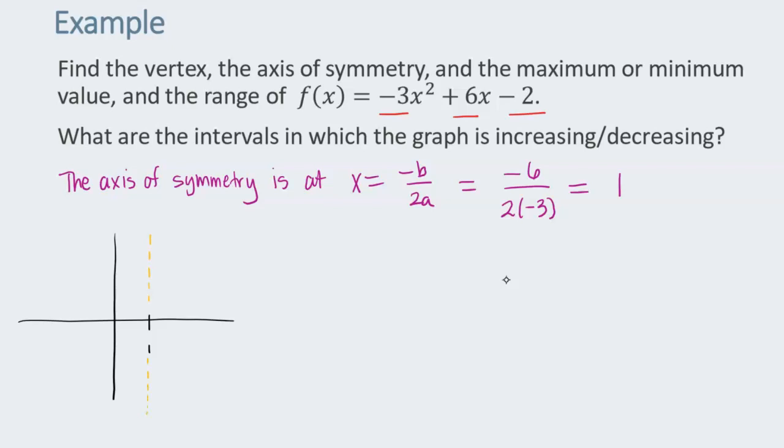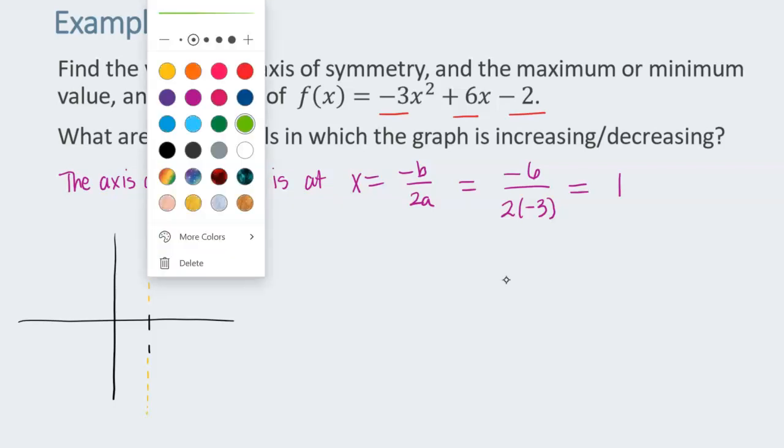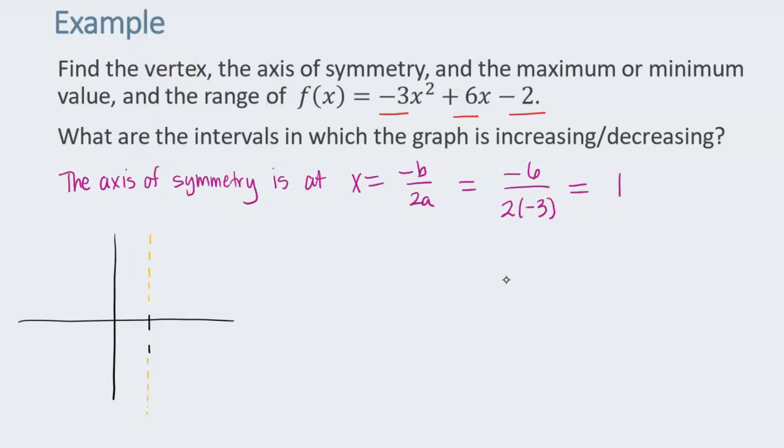The maximum or minimum point, maximum in this case because the parabola is facing down, right, is going to be somewhere on that line, but I'm not sure where it occurs. So what I do is I take that value I just found, 1, and I plug it back into the original equation. So I'm going to look at f of 1. That gives me a -3 plus 6 minus 2, which is also 1.